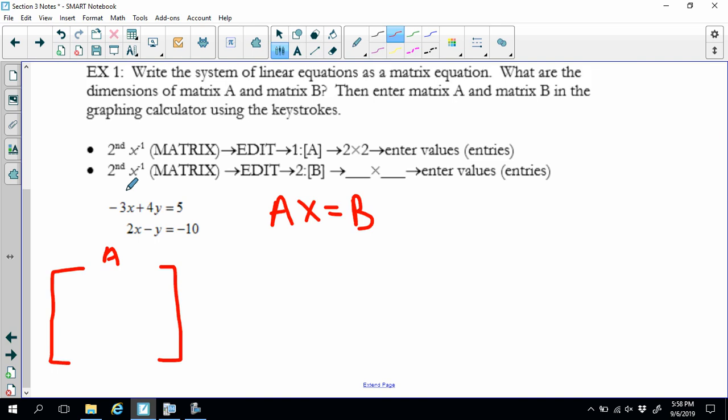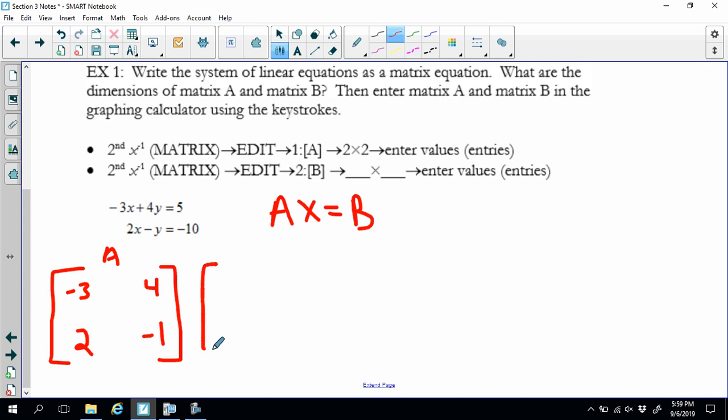Remember, coefficients are numbers in front of our variables. If we look at our very first equation, negative 3x plus 4y equals 5, the coefficients here are negative 3 and 4. Now let's look at our second equation. In that case, the coefficients are 2 and negative 1.